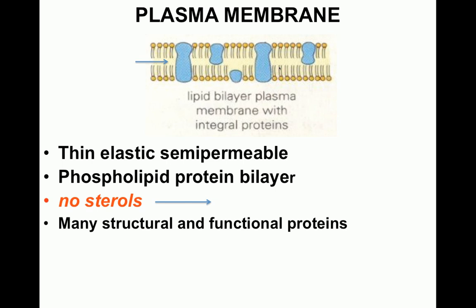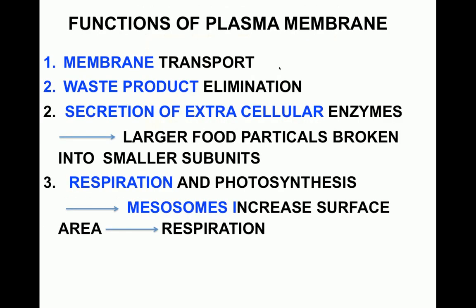Now, this plasma membrane has to play a very important role in both the prokaryotic cells and the eukaryotic cell. In the prokaryotic cell, the most important function is membrane transport. The plasma membrane, or the cytoplasmic membrane, selectively allows molecules to move in and out of the cell. So this is known as selective permeability of molecules.